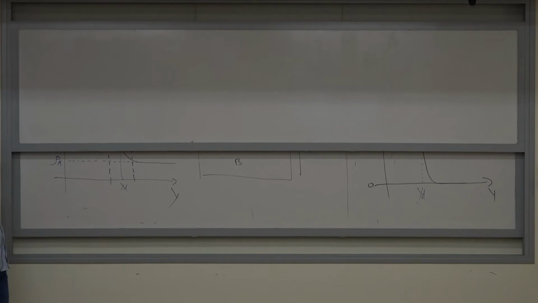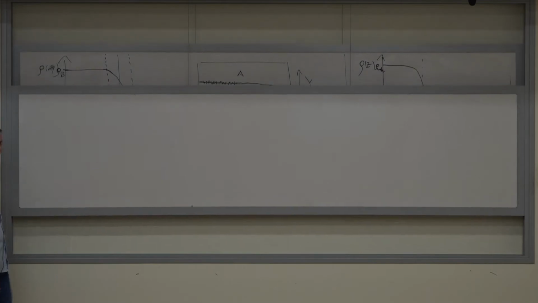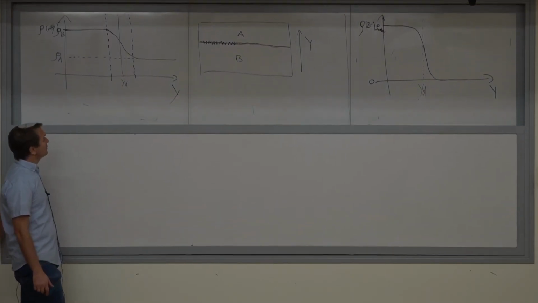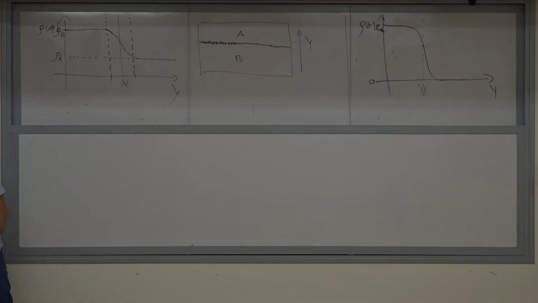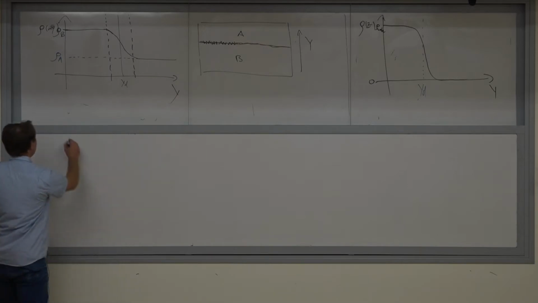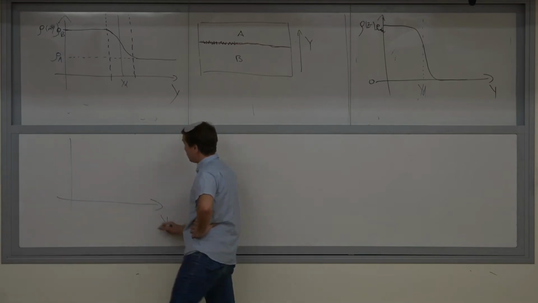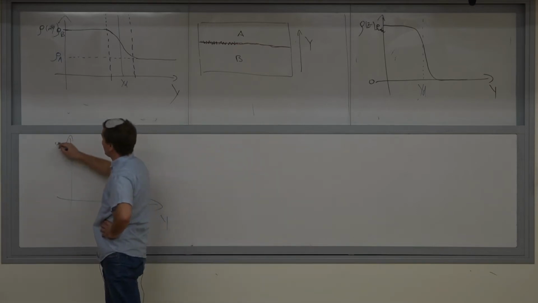How can you do this mathematically? It's a little bit similar to the Maxwell construction that I already presented before. Because think of it: this is y, this is rho of y.